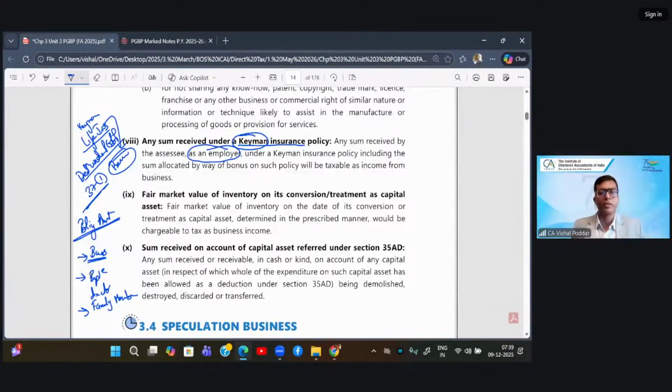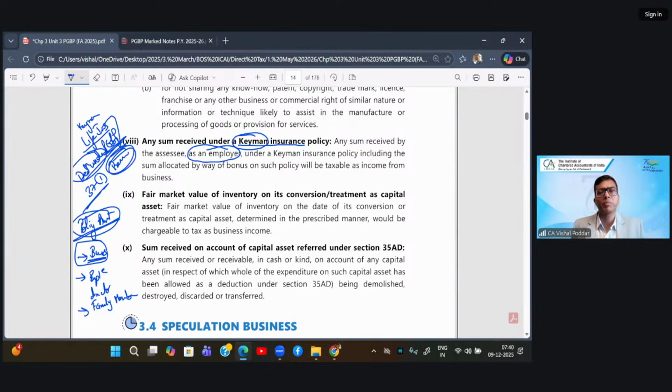Now, this is where the income side comes. When I paid the premium of this insurance, I got deduction under my PGBP, which we will study in 37(1), though we had discussed this in the previous class also. Right now we are discussing the income side where I receive the policy amount.